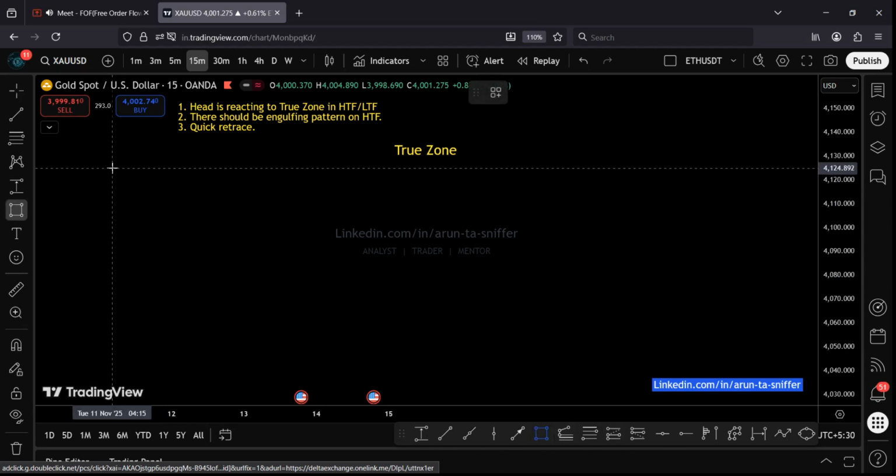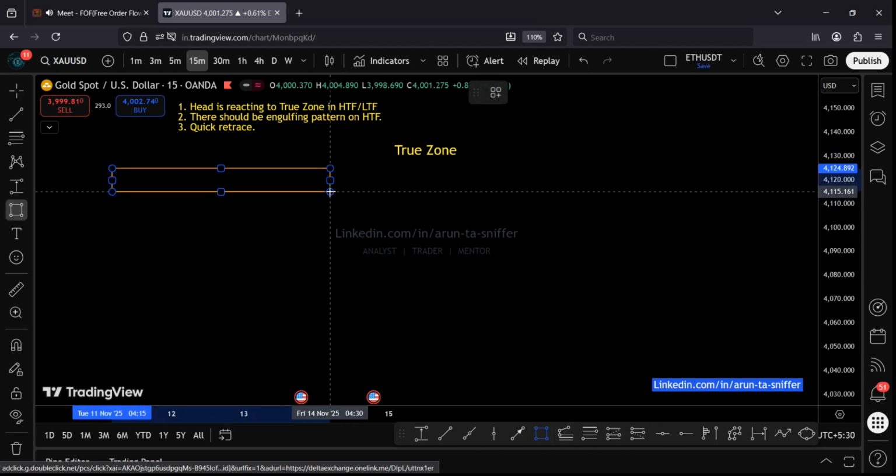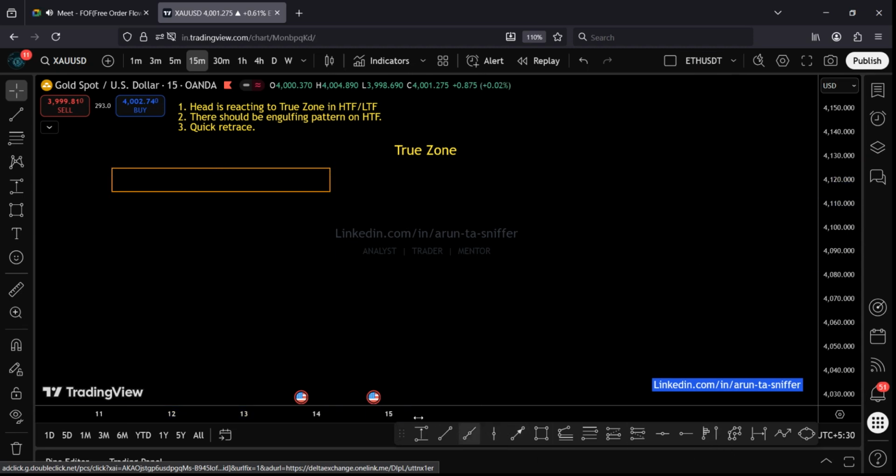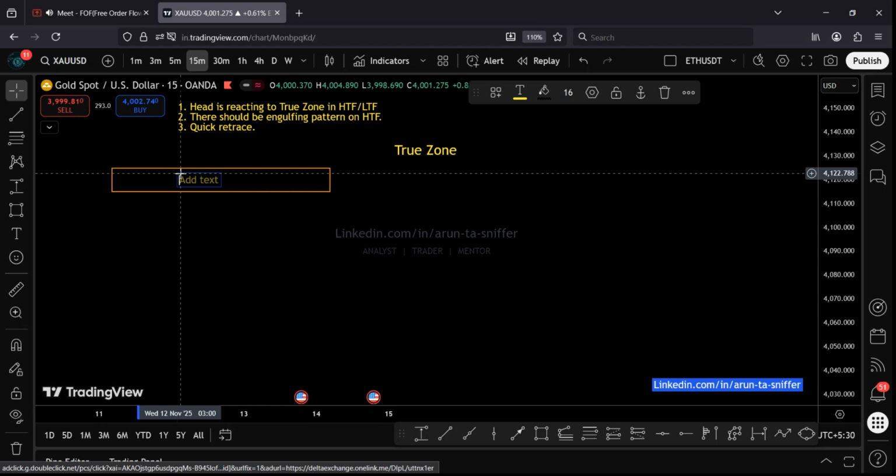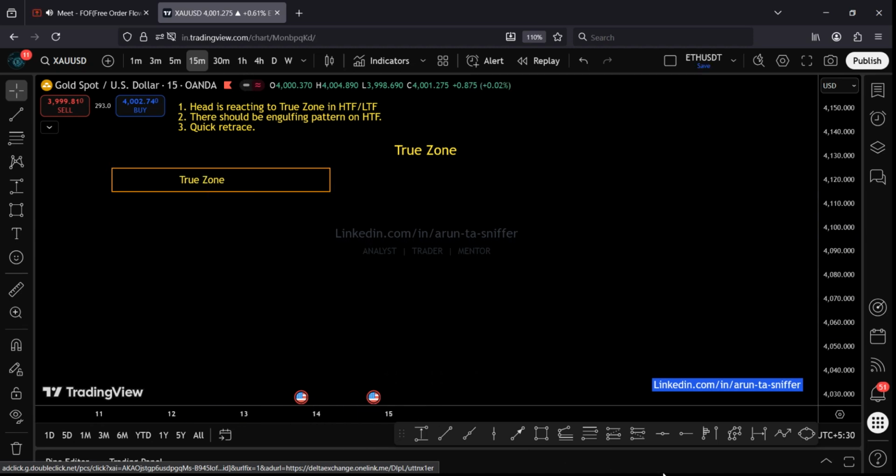Same, think like we have a true zone here. What does price do?